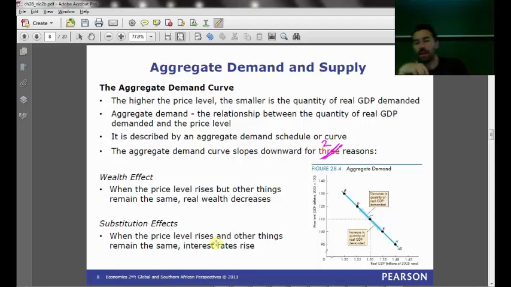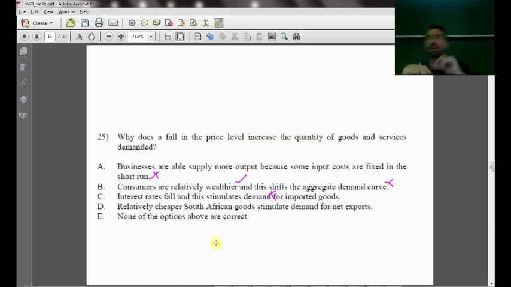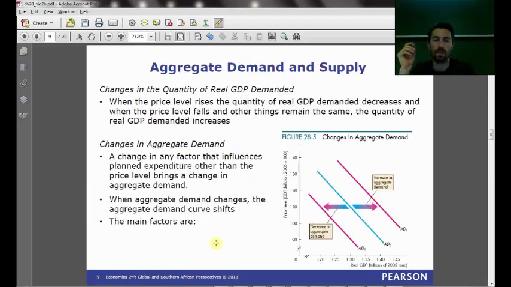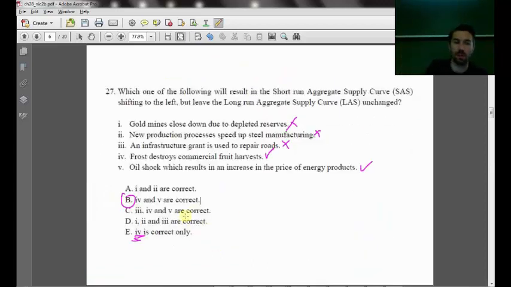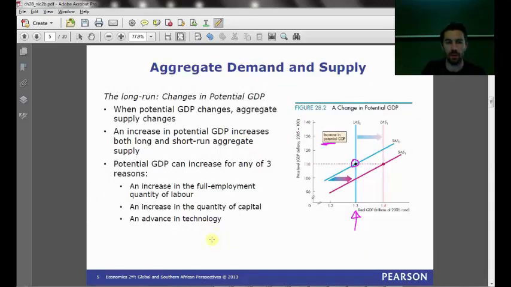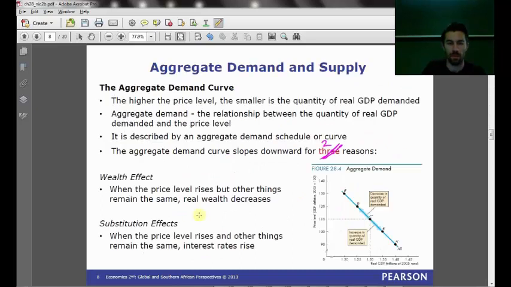The other one is, option D, correct here: when our price level goes down, our goods relative to the price of goods elsewhere in the rest of the world are cheaper, which means we tend to export more. So what is not described on this slide, where am I going with this, is that there are actually two substitution effects when the interest rate rises.